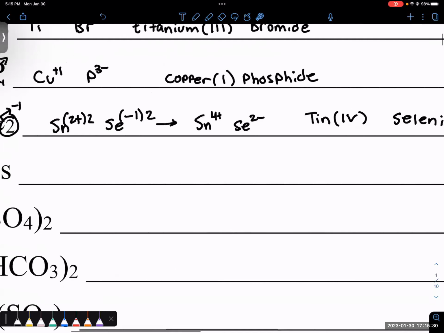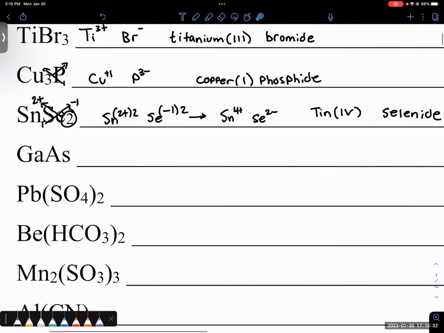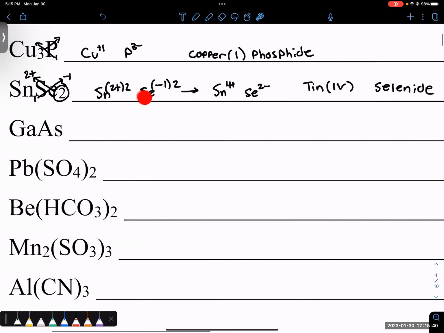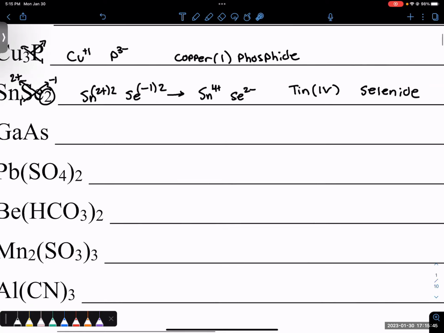So now that's how we figured out it was tin 4 and not tin 2, because if you just did the regular reverse crisscross, you would get tin 2, but that's not the right charge because selenium would have a -1 charge, which we know it has a -2 charge and not a -1.